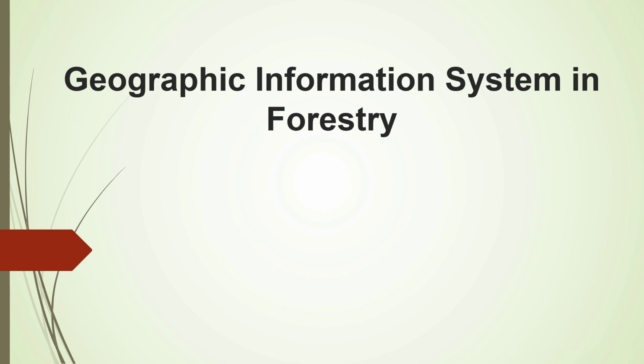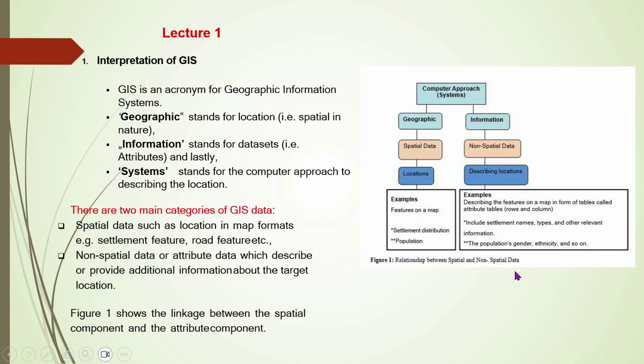Today, I will take you through some lecture series on introduction of GIS to forestry, or we call it GIS in forestry applications. We'll start with what is GIS. GIS is the acronym for Geographic Information System.